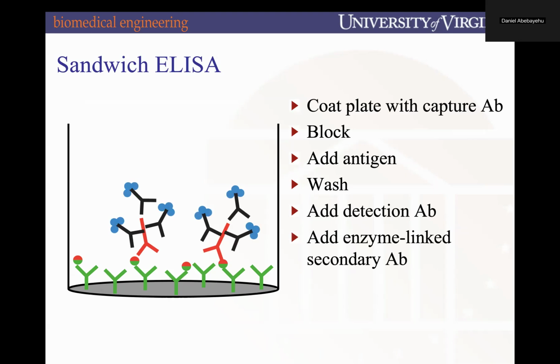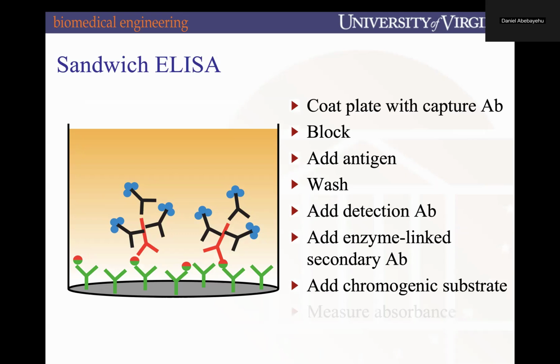And usually that's an enzyme that reacts with our substrate solution. You'll then add your substrate solution. You'll get color change based on how much signal is produced, which is again based on how much sample binds to your capture antibody. And you'll measure the optical absorbance or optical density.